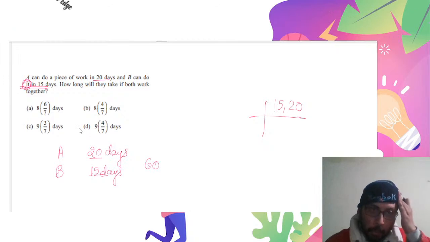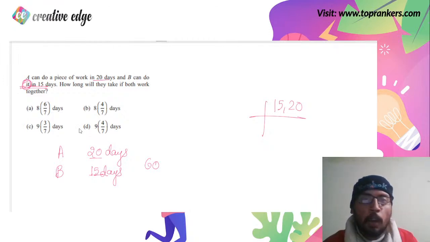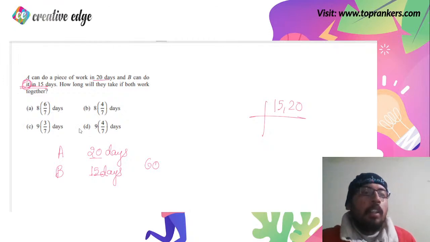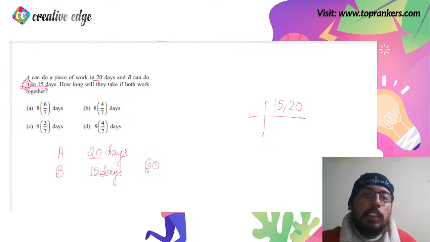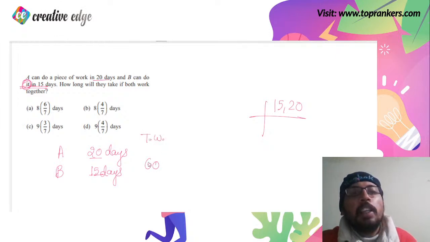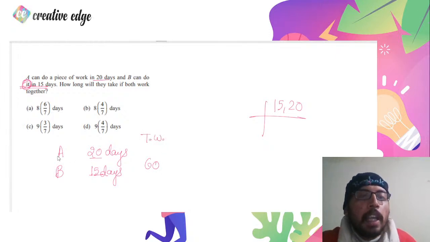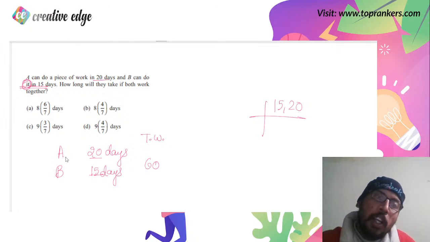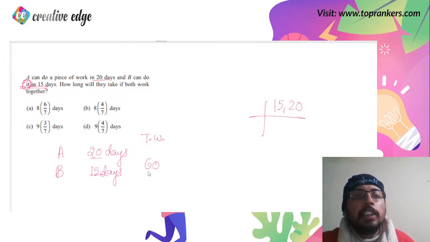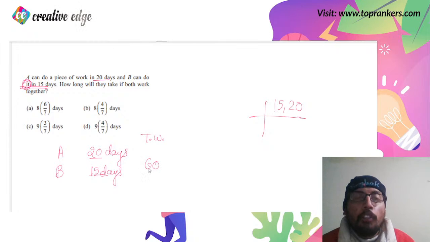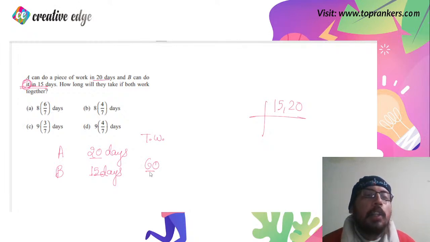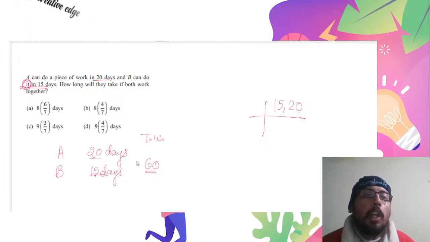Okay, so let me tell you that let us say this 60 units of work denotes the total work. This 60 units of work can be done by A, and this 60 units of work can be done by B also, but A can do it in 20 days while B can do it in 15 days, meaning both are doing the same work.